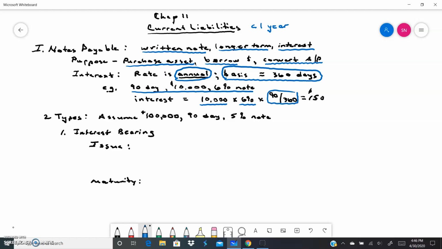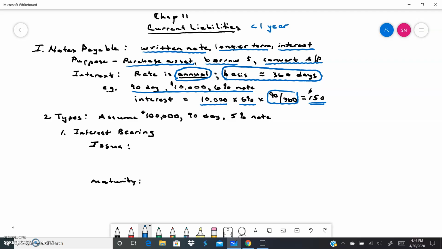The note is outstanding for 90 out of 360 days, which is basically 1/4 of the year. So it's 1/4 of the $600 of annual interest. 1/4 of that is $150 of interest that you would earn or pay, depending upon whether you were the investor or the lender. Okay, so that's how we're going to calculate the amount of interest.